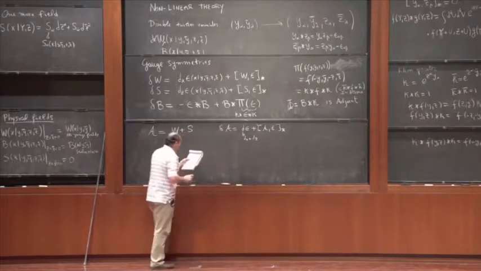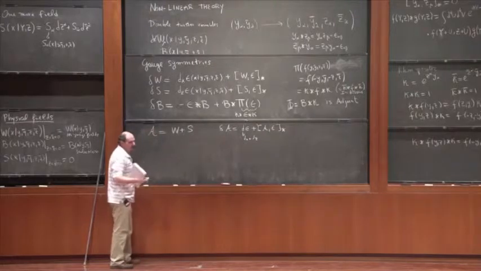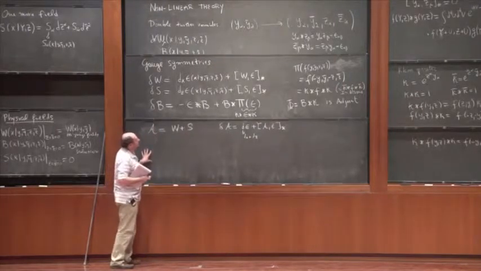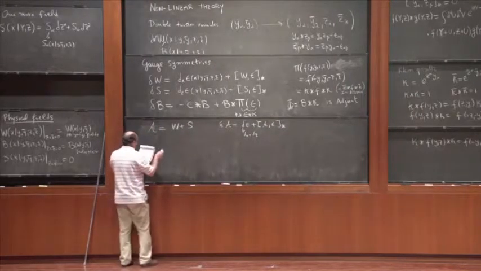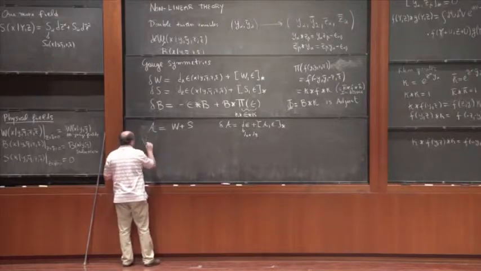Okay? Then the equations that Vasiliev proposed, which are invariant under these gauge symmetries, are the following.